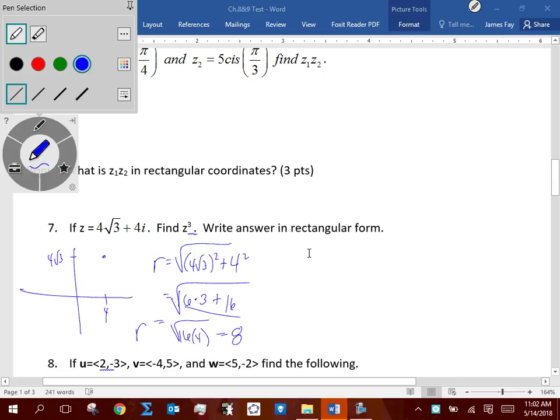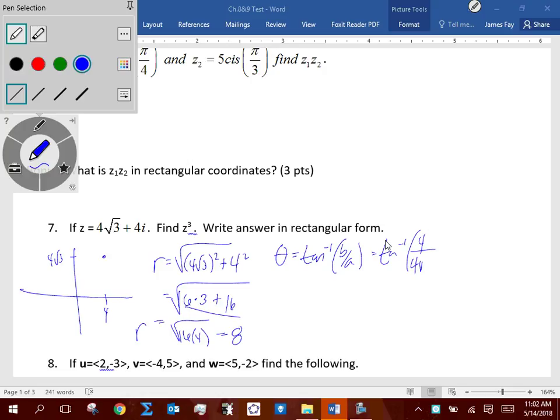Now, De Moivre's also incorporates theta, so we say tangent inverse of b over a. Well, b here is 4, so tangent inverse of 4 over a, which is 4 root 3. That is giving me tangent inverse of, if I evaluate it, radical 3 over 3, and that one is 30 degrees.